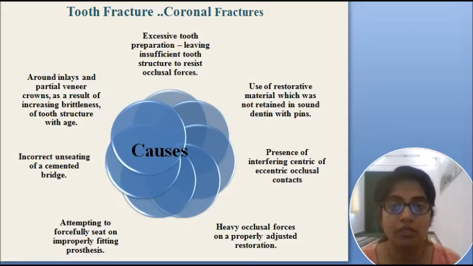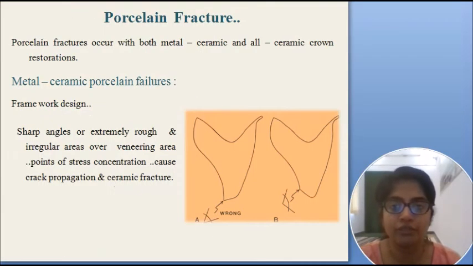Excessive tooth preparation, leaving insufficient tooth structure to resist the occlusal forces; use of restorative material which was not retained in sound dentine with pins; presence of interfering centric and eccentric occlusal contacts; heavy occlusal forces on a properly adjusted restoration; attempting to forcefully seat an improperly seating prosthesis; incorrect unseating of a cemented bridge; and fractures around inlays and partial veneer crowns as a result of increasing brittleness of tooth structure with age. So these are the reasons for tooth fracture.